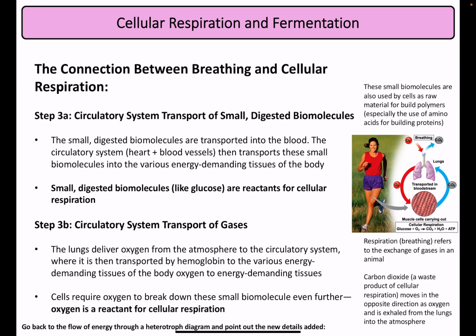Cellular respiration is completely different. Cellular respiration is the process by which we break down molecules like glucose within an individual cell to generate ATP. Very different from the inhaling and exhaling of oxygen and CO2, which is respiration. So do note that difference.